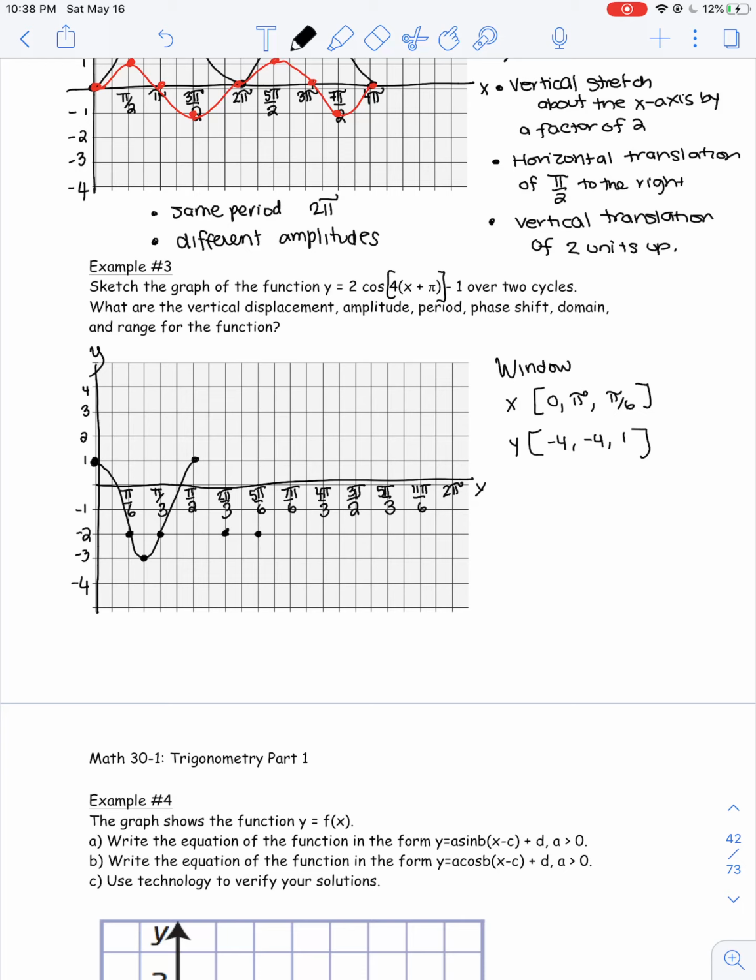This one will give me -2 again, so it's just the same repetition. 7 pi divided by 6 will be that maximum again.